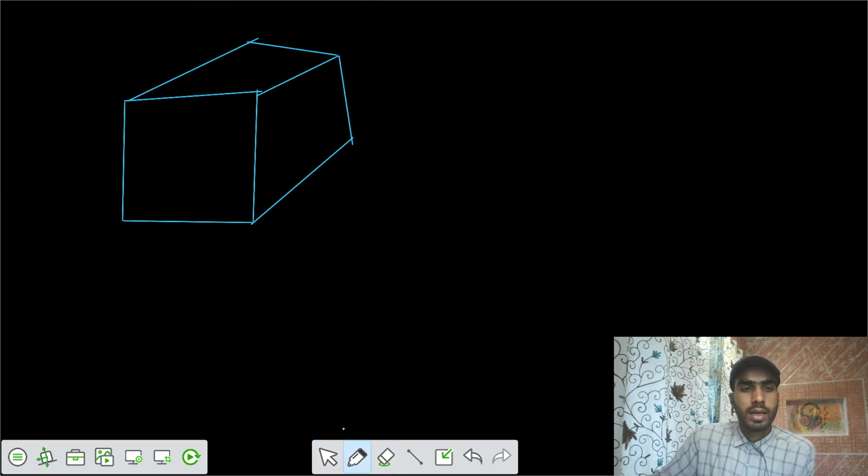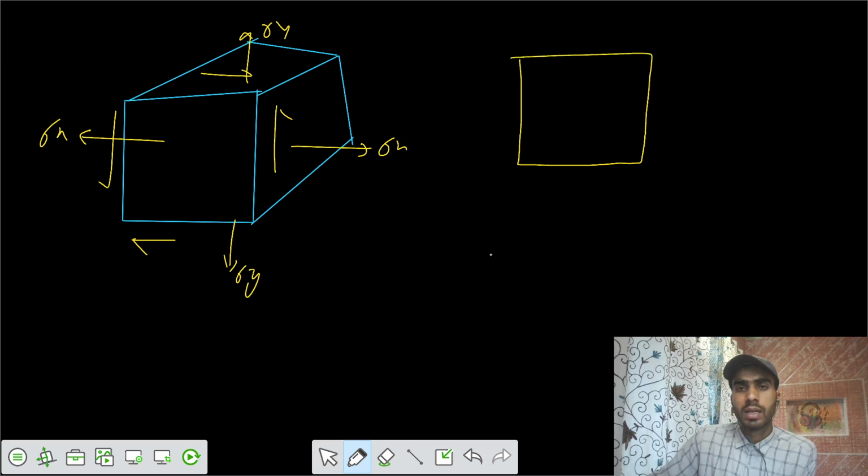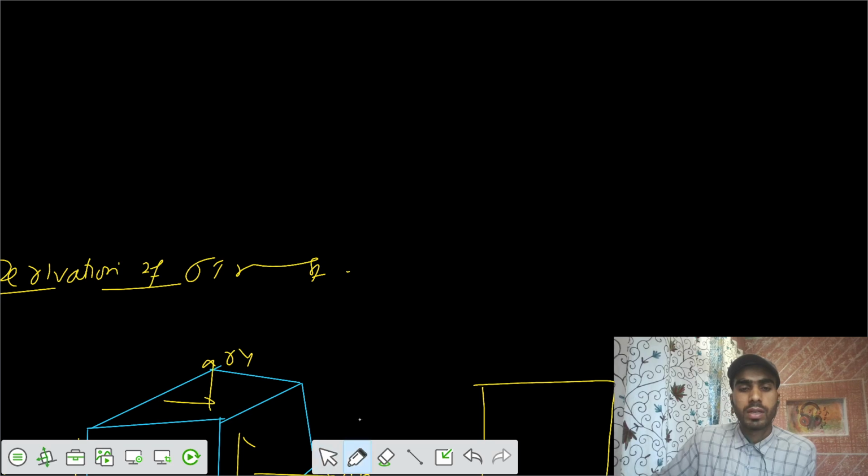Let's say you are applying a stress in the x direction, sigma x, and you are also applying sigma y, but you are not applying sigma z. That's what the plane stress condition is. You are also applying shear stress tau xy and tau yx. So let's first analyze how this is possible.